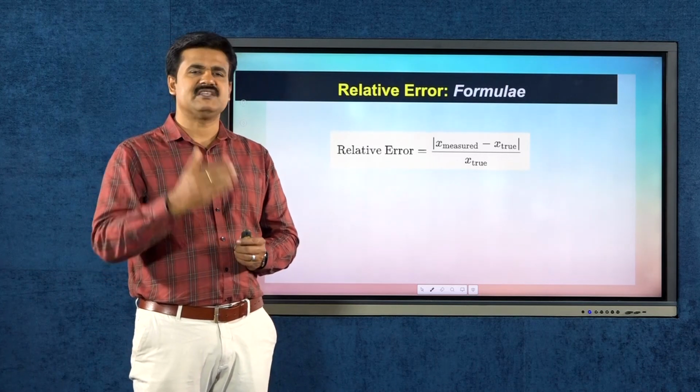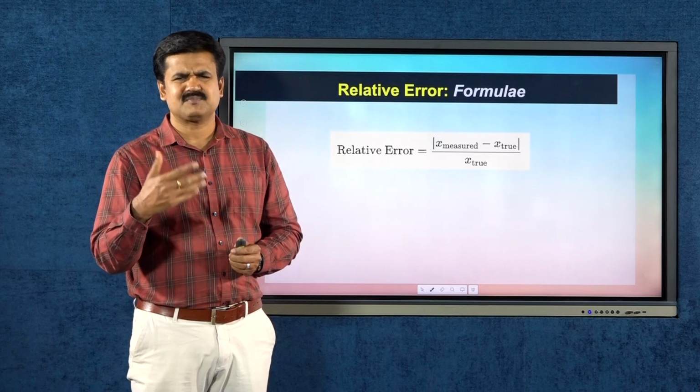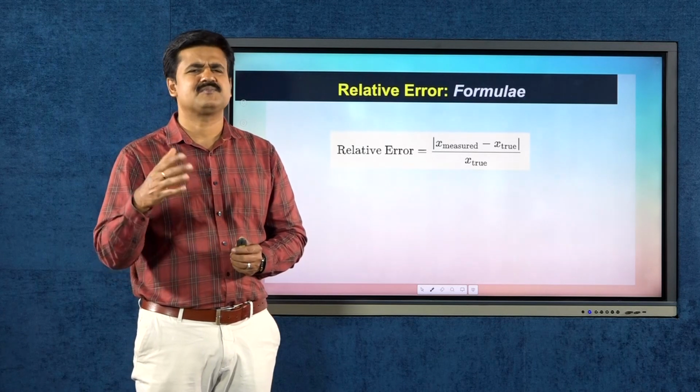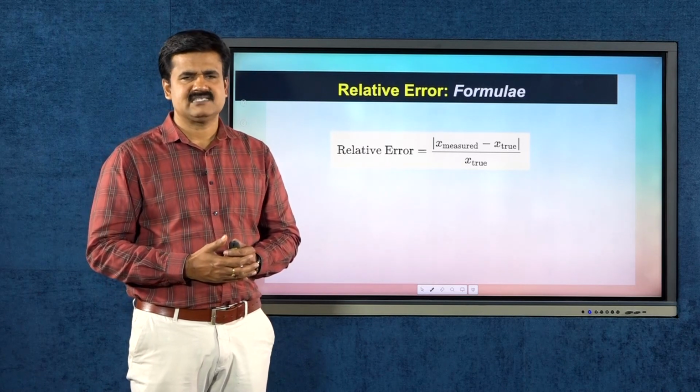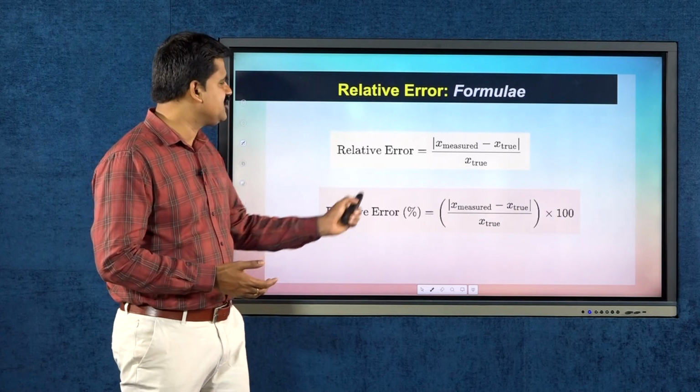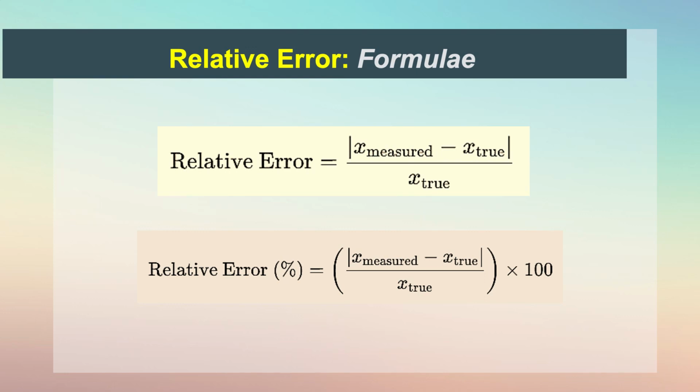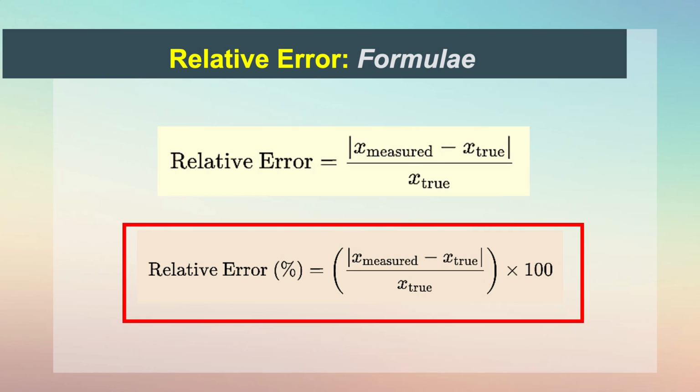I already mentioned that relative error can be expressed as percentage, parts per thousand, parts per million, etc. If it is expressed in percentage, you can call it relative error percentage. So, relative error percentage is absolute error divided by true value multiplied with 100.